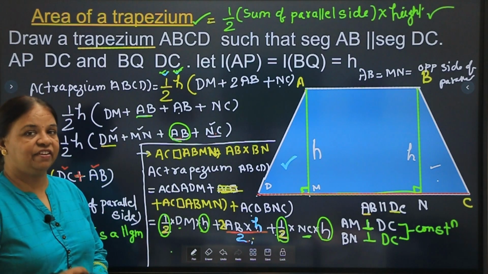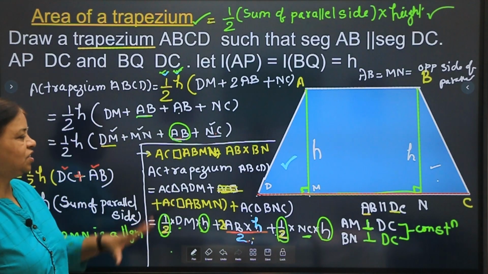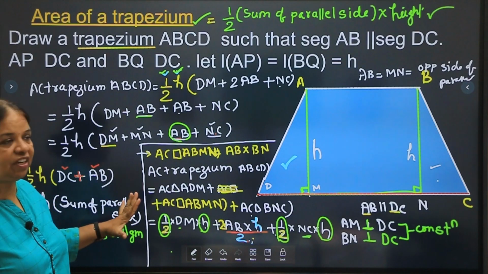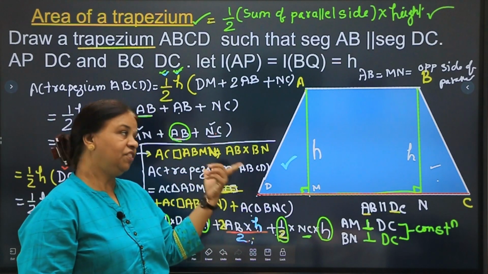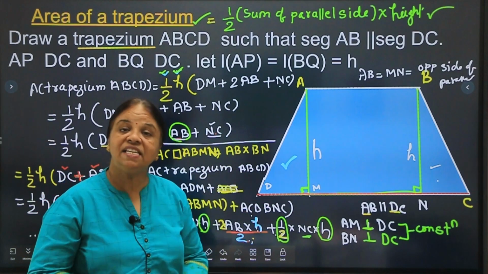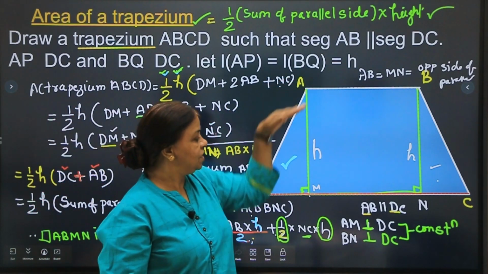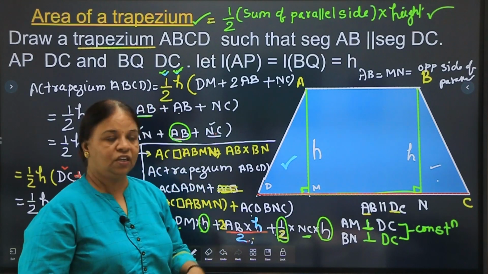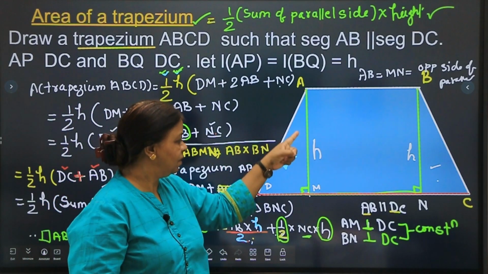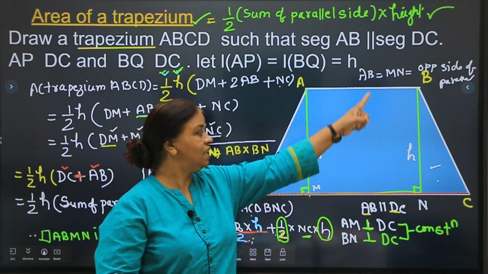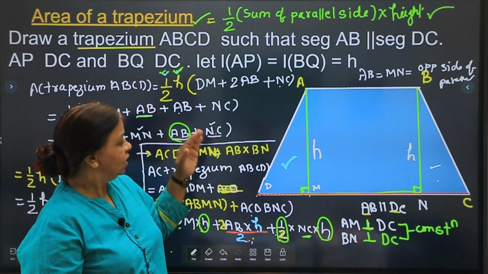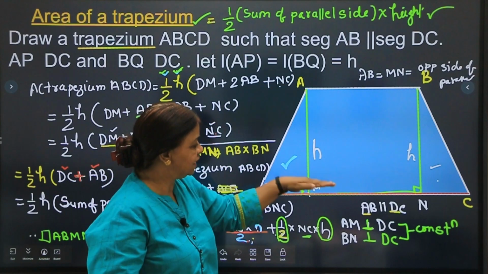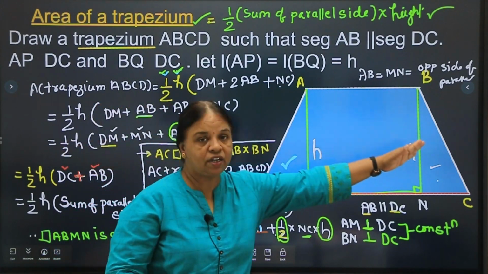Children, you can learn very easily. It's very simple, it's not very difficult. First of all, you have to understand what the figure is. The figure is a trapezium. Why is it a trapezium? Because one pair of opposite sides is parallel. And here I have drawn AM perpendicular to DC, BN perpendicular to DC. Now what is happening? These two sides are parallel, these two sides are not parallel.